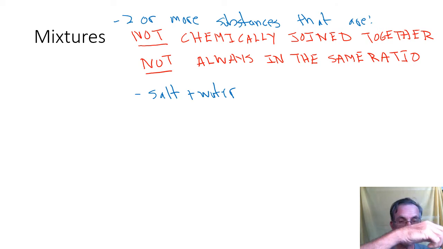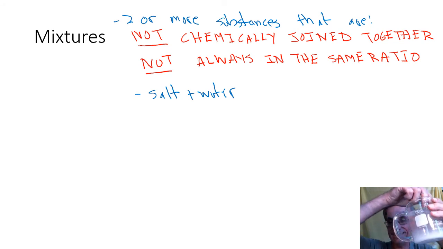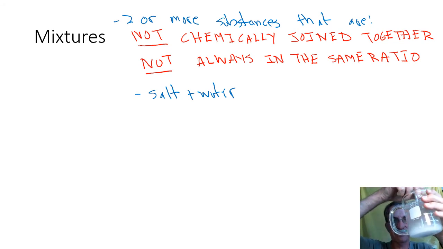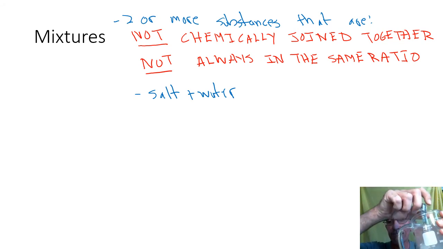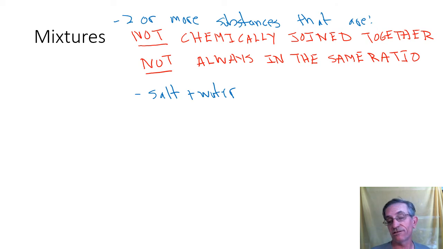So I make up my salt water like this. Oh, it's pretty concentrated, huh? So you might make it with a little salt because you're not a crazy person, and I might make it with a lot of salt, but it's still salt water, but not all salt water is identical. So if it's not always the same, that means it's a mixture.